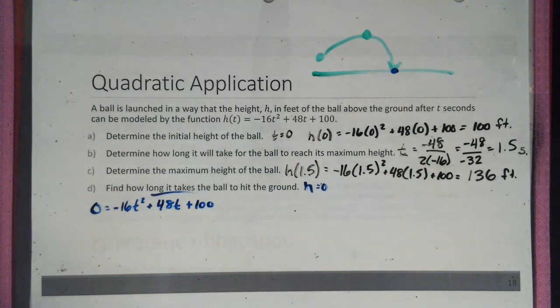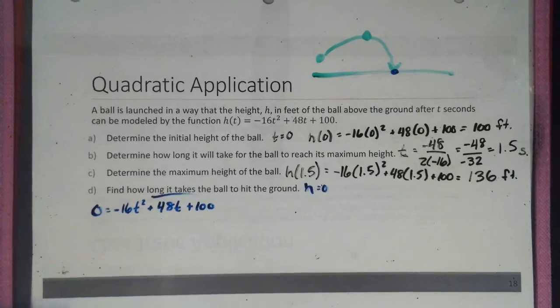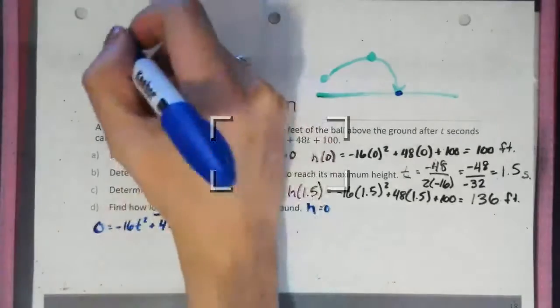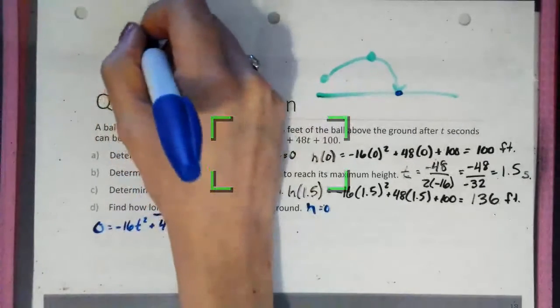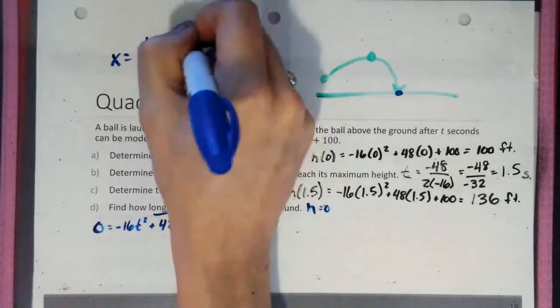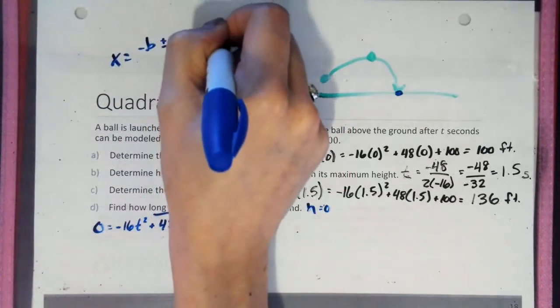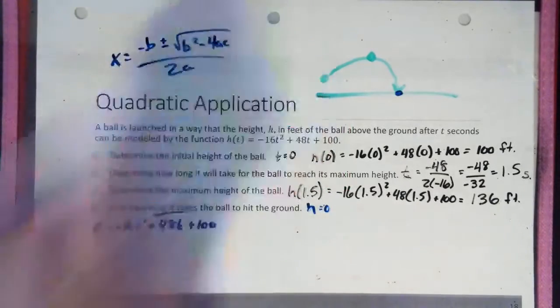That's a quadratic equation that we can solve by factoring or by the quadratic formula. I have a strong gut feeling that tells me this is not going to factor well. So I'm going to try the quadratic formula. It's been a while, so let's remember the quadratic formula. x equals negative b plus or minus the square root of b squared minus 4ac all over 2a.